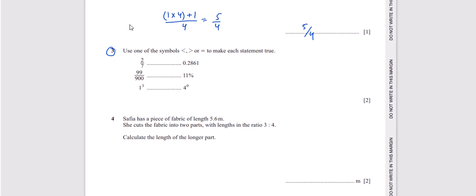Question number 3. Use one of the symbols less than, greater than or equal to make each statement true. So first is 2 by 7. 2 by 7 is equal to 0.2857, and the other number is 0.286.